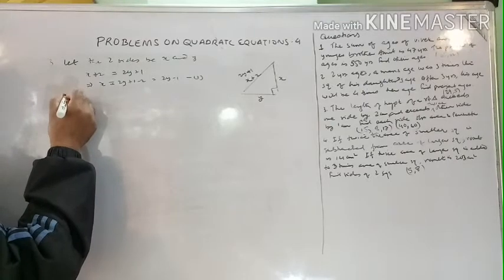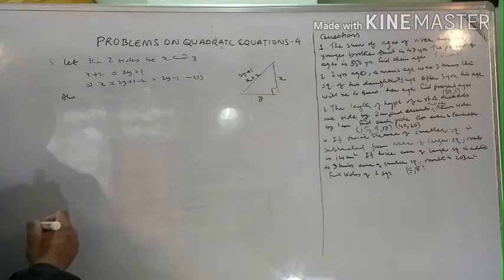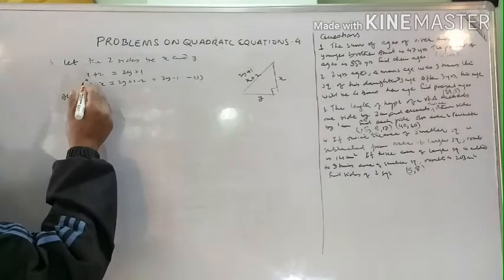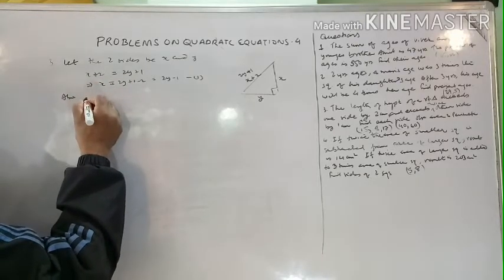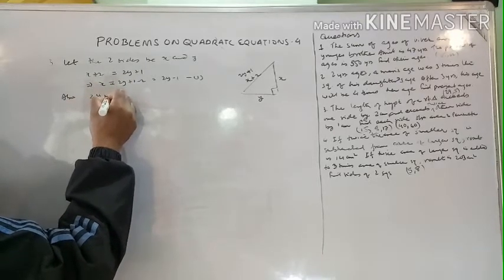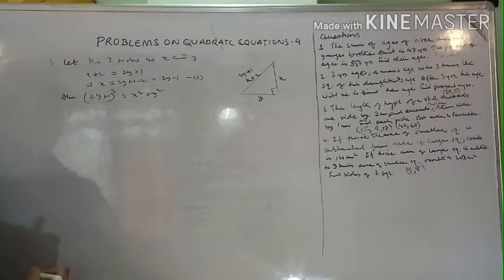Also this is a right angle triangle, so we can use Pythagoras theorem. So we can write this equation as 2y plus 1 whole square is equal to x square plus y square.